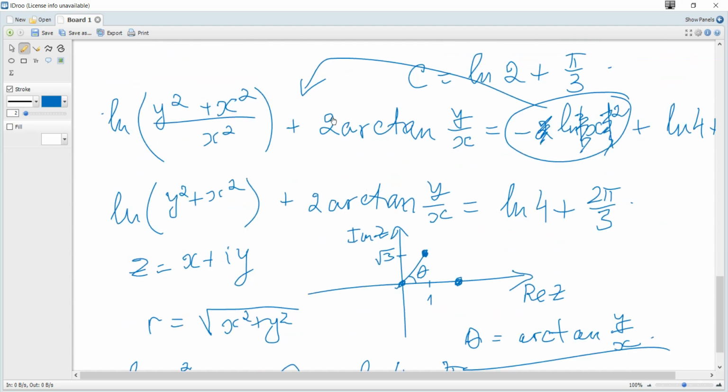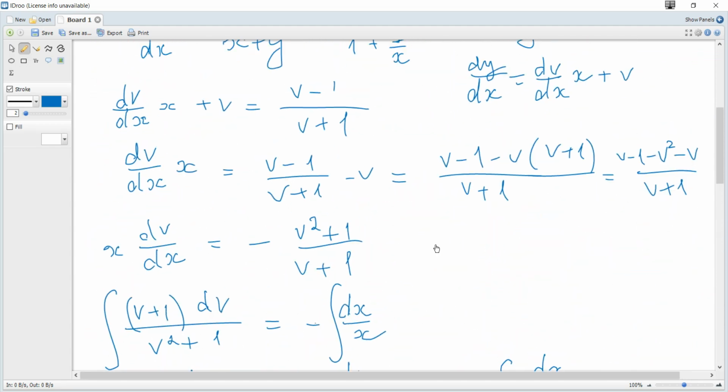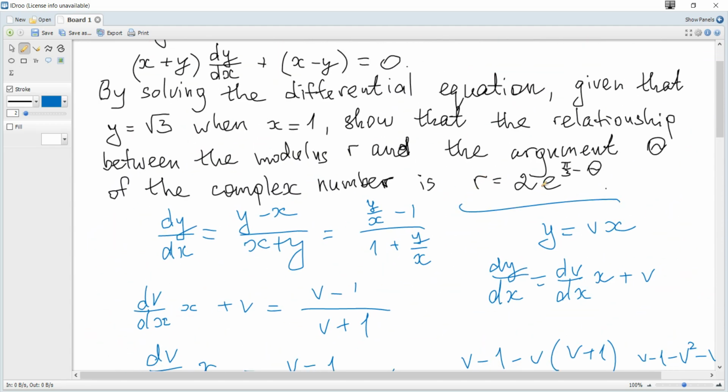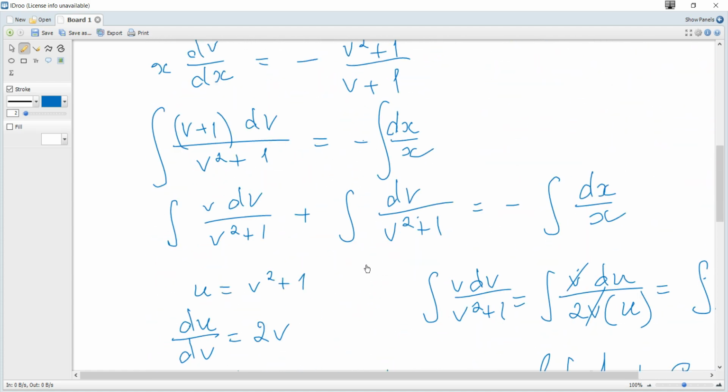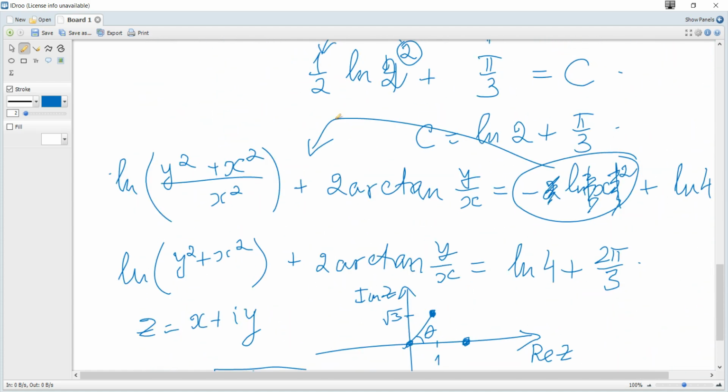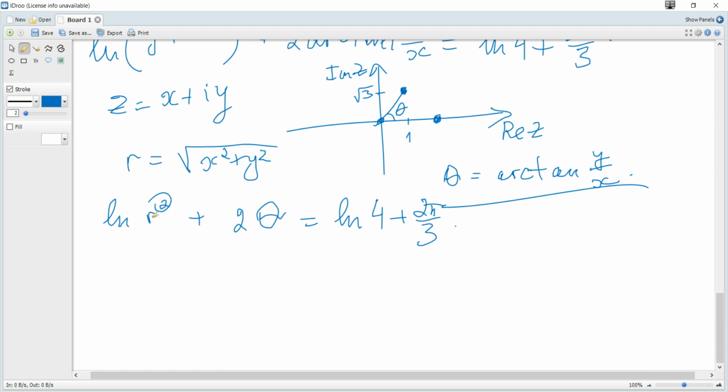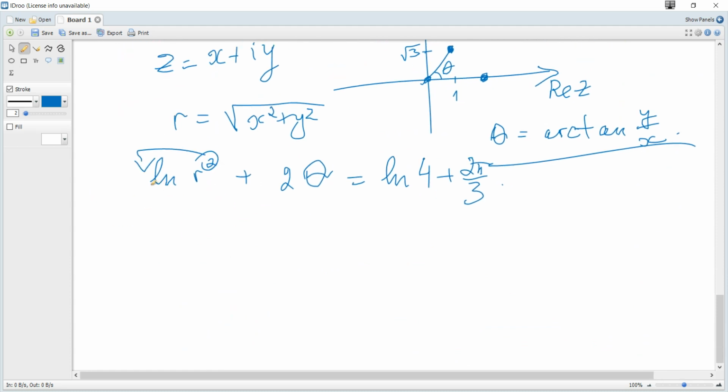And we need to solve for r, actually. We should solve for r and get this expression. And how to do that? We can move this 2 in front and divide each term by 2 again.